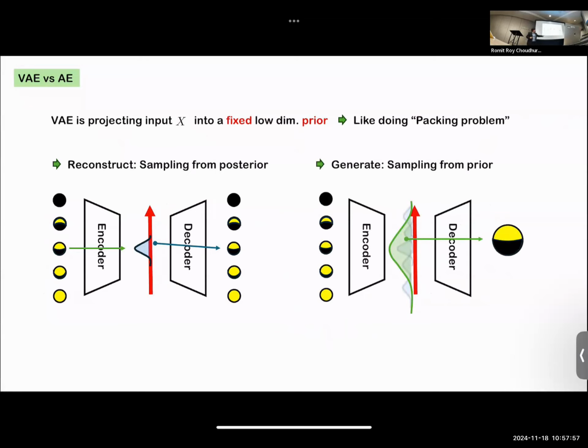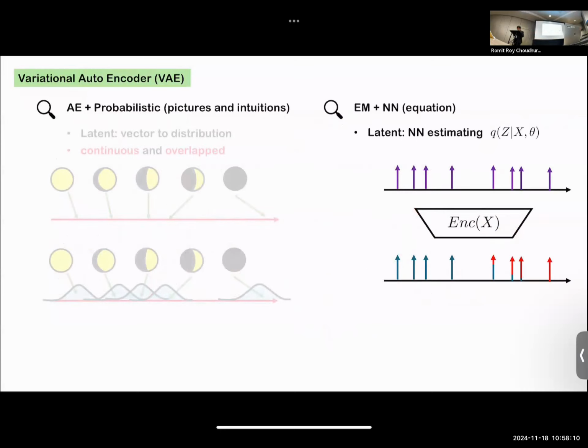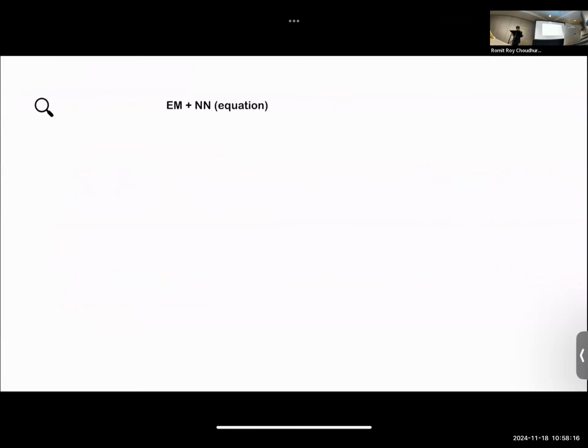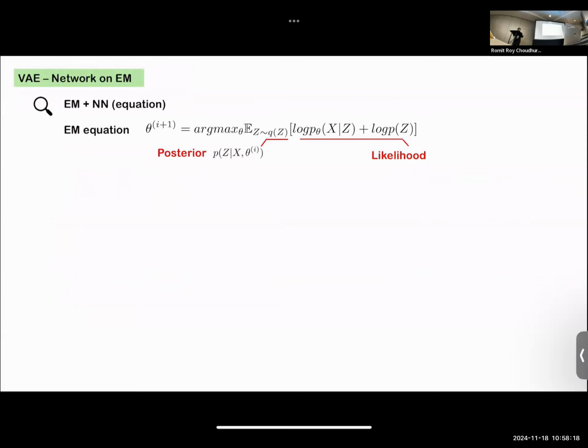And when doing generation, we ignore all the blue small mountains. We only directly sample from these green big mountains, and then it will give us a realistic image. Okay, so it's already clear. Okay, sure.